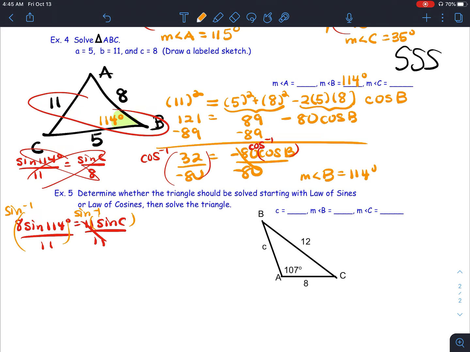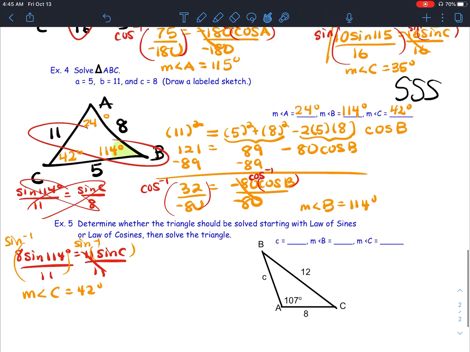This ends up being this angle, measurement angle C is roughly 42 degrees. Please make sure that you're drawing pictures and that as you find the information, you are adding the information onto the picture. That last angle A is 24.